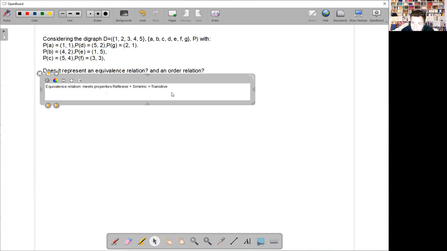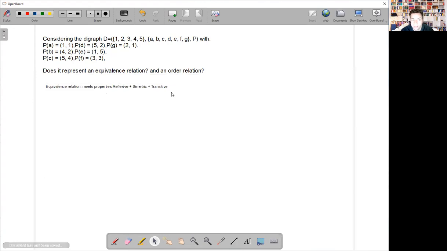Okay, so the reflexive relation means that a vertex must be related to itself, right?